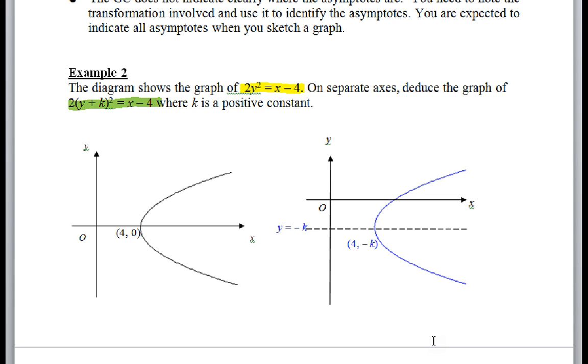If you think about it, for the same value of x, what happens to the y? For the original graph, x is 4, y is 0. For the new graph, for x is 4, y is negative k.